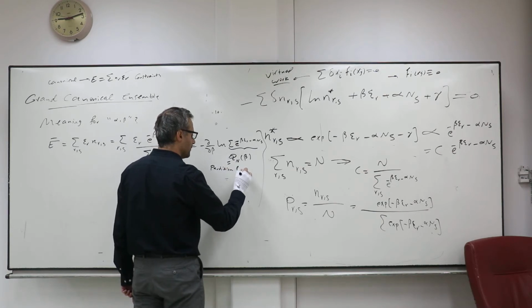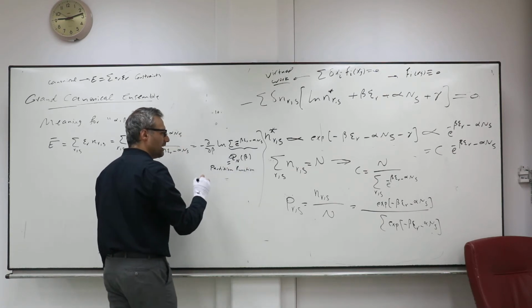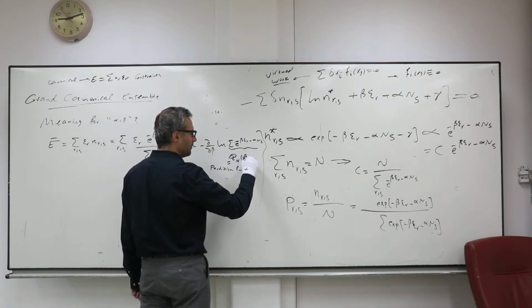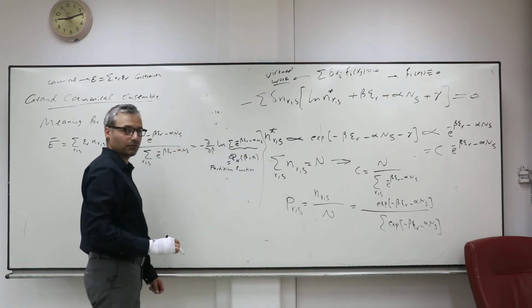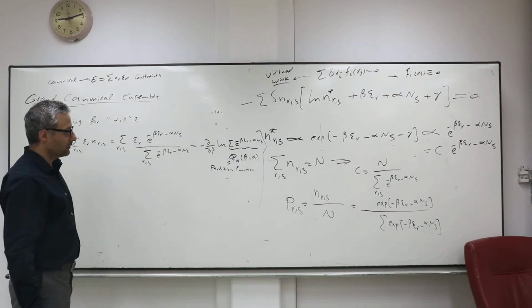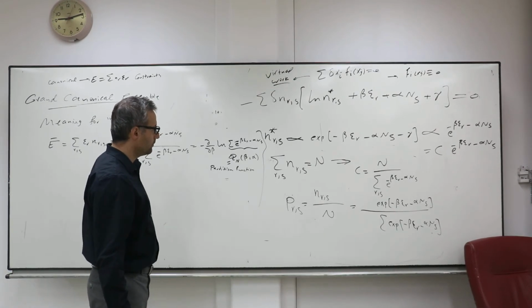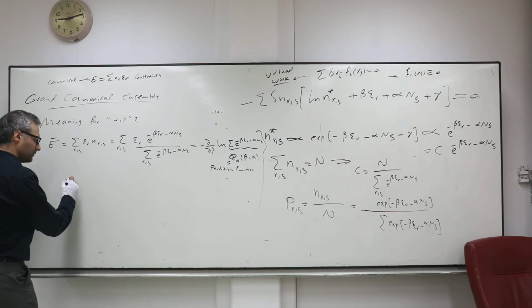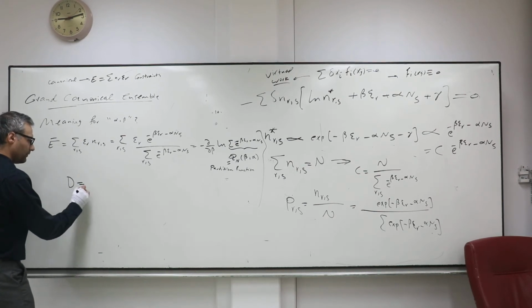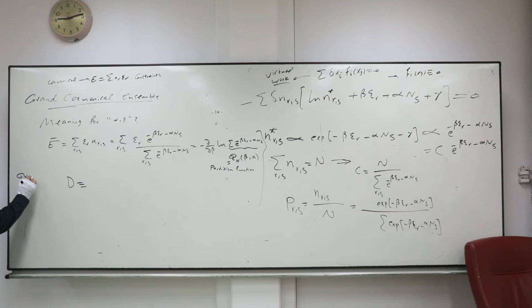We don't say this Qn, because you have not only beta, you also have alpha here, two parameters. Okay, it's very common to define a function we call the grand canonical partition function, instead of Q, because Q with two parameters is not common.